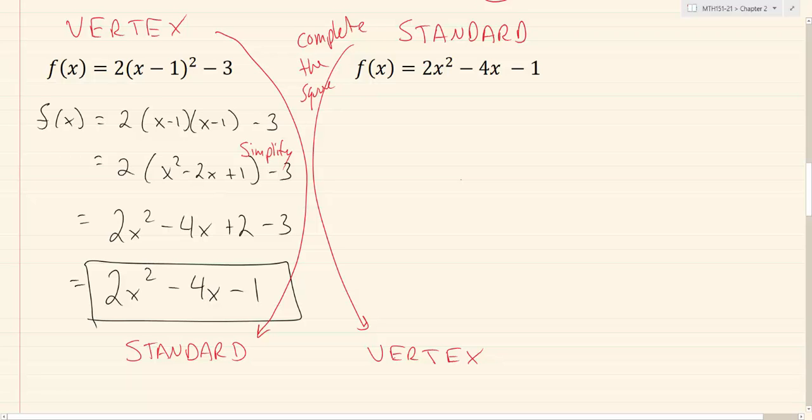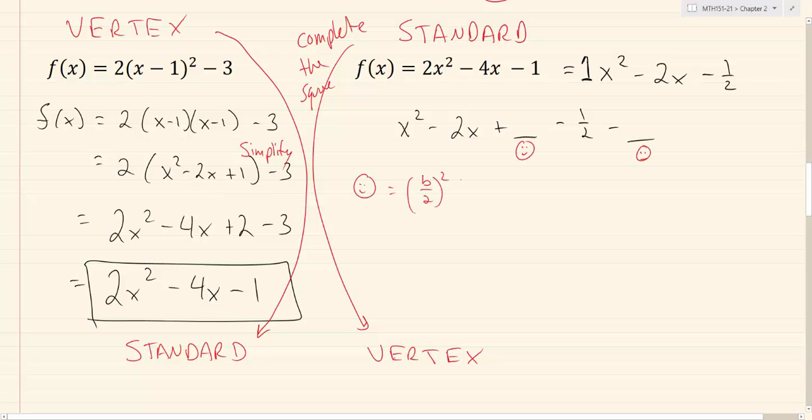So let's do that. First thing we have to do is divide everything by 2 because we need a lead coefficient of 1 in order to start the complete the square process. So now we're going to have x squared minus 2x plus blank minus 1/2 minus blank. So take your middle term, which is a negative 2, divide it by 2, that's a negative 1, and then square it.